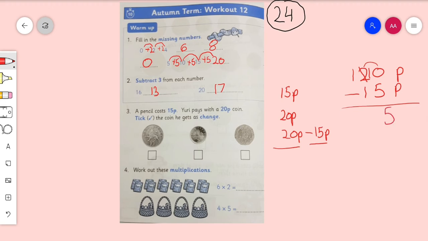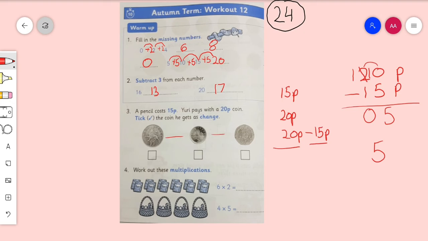And because this 2 turned into a 1, we now need to do 1 take away 1, which is 0. The 0 before the 5 has no value. Our answer is 5. Now we need to find the 5p coin out of these coins.